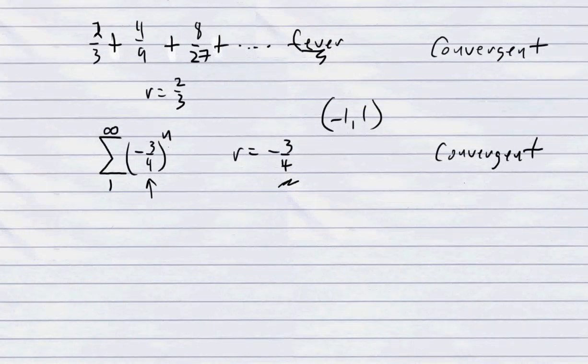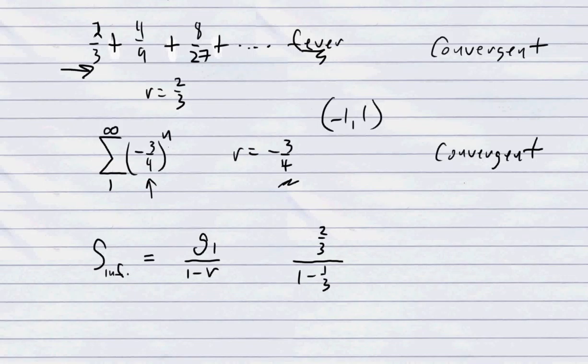Alrighty, so how do we actually find the sum? Well, that's the easy part. We use this formula. The sum of the infinite geometric series, S, is equal to g sub 1, the first term in the series, over 1 minus R. So in our first example, where R was equal to 2/3, 2/3 was the first term in the series, and then 1 minus 2/3 on the bottom. 2/3 over 1 minus 2/3 is 2/3 over 1/3, which is 2.